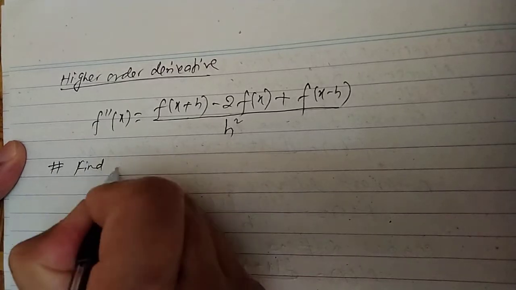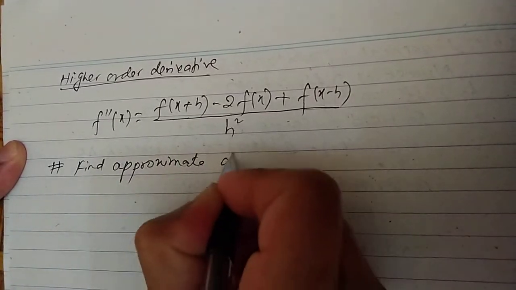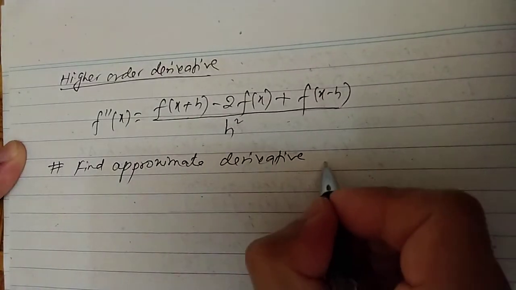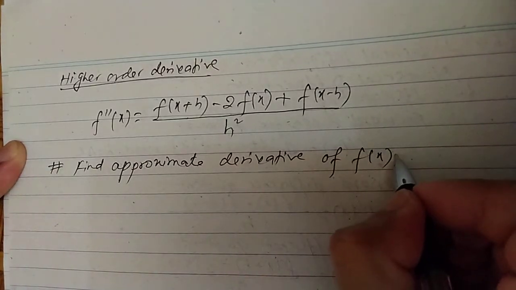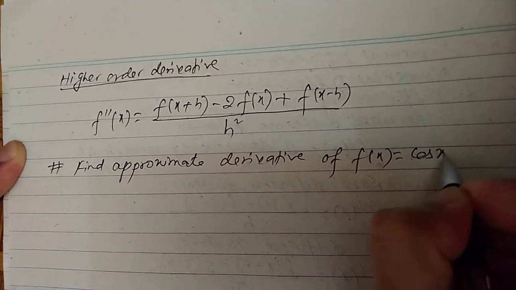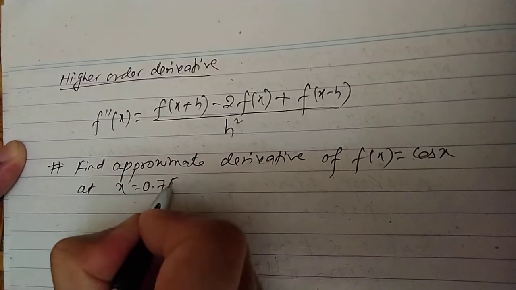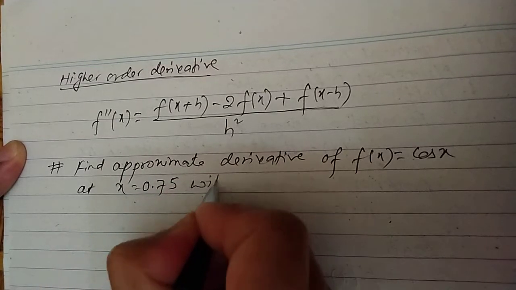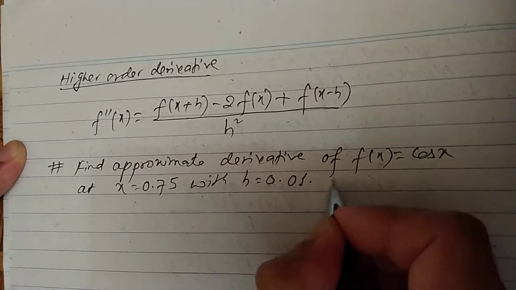Find the approximate derivative of f of x equals cos x at x equals 0.75 with h equals 0.01.